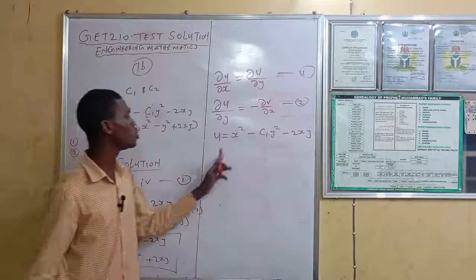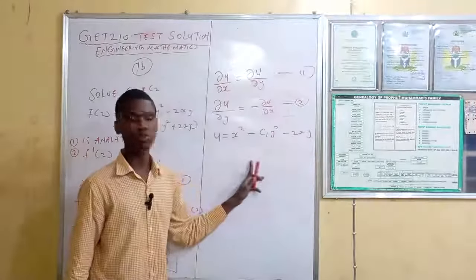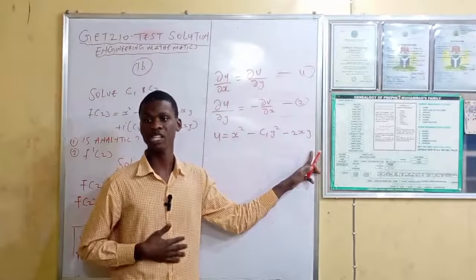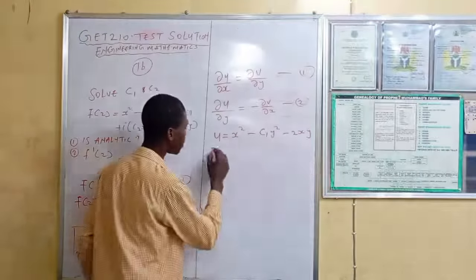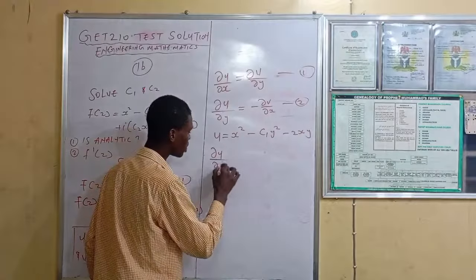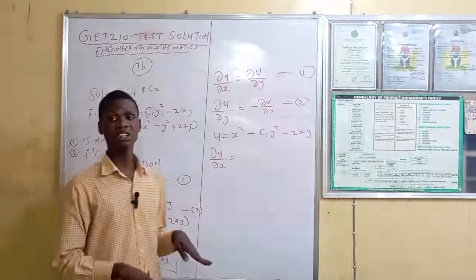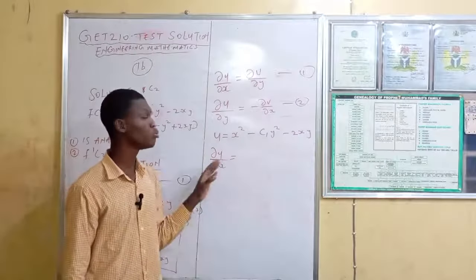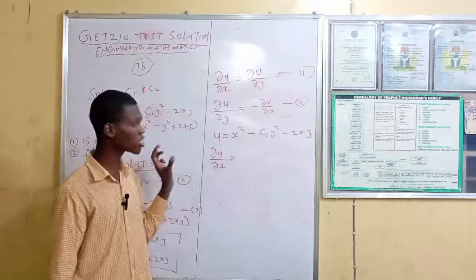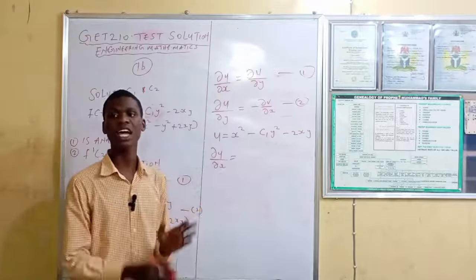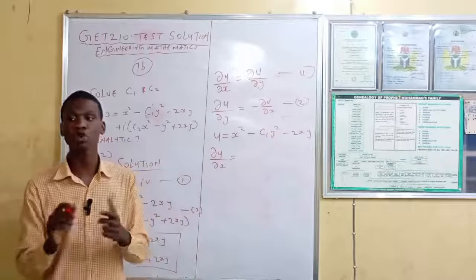Same approach here. Since we know that u is this, we want to differentiate. I'm having two variables which are x and y. First thing to come to my mind is what? Partial derivative. So partial derivative of u with respect to x is what? When you are doing partial derivative, your interest should be your x variable. Differentiate your x terms. By the time you differentiate with respect to x, take every other variable as constant.